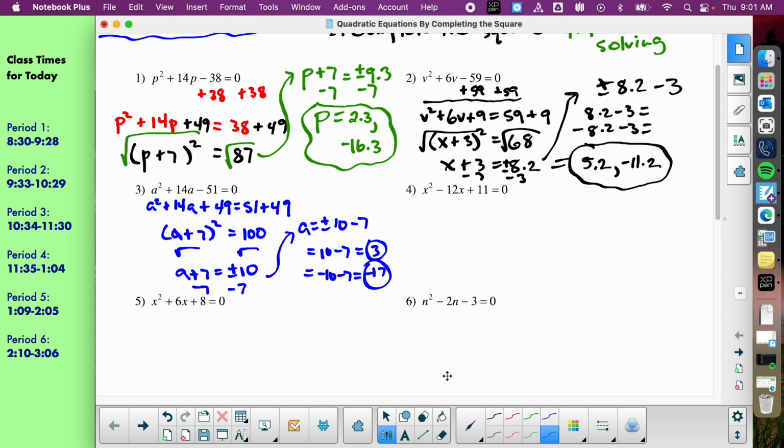So there's the 2 answers for number 3 up there. Number 3 is the first one that worked out nicely on the square root part because it was 100. So we didn't have a decimal.